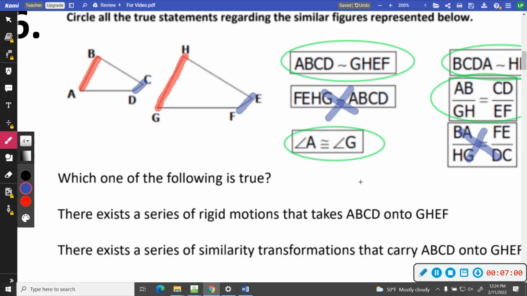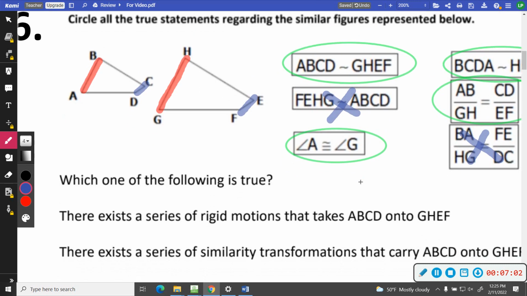Now, which of the following is true? There exists a series of rigid motions that takes ABCD onto GHEF. Now, rigid motions would mean that the shape stays exactly the same. So that would mean it's either translated, reflected, or rotated.